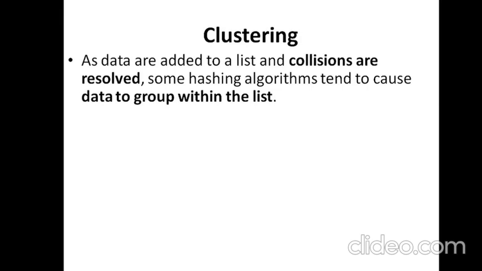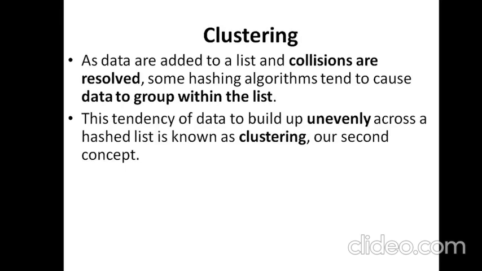Whenever we redirect keys because of collisions, the redirected keys get stored in a particular group within the list. That means the data tends to build up unevenly across the hash list, which is called clustering, and that is our second concept.